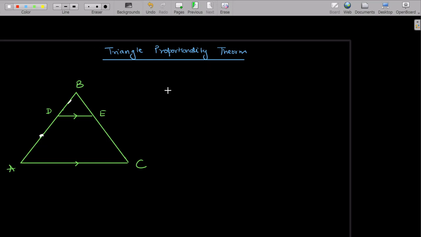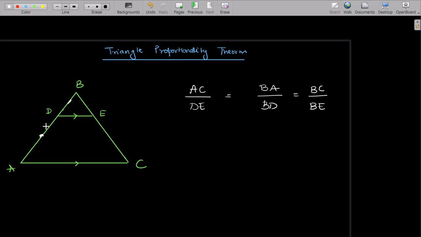The first ratio, the longer side and the shorter side: AC over DE is equal to BA over BD, which is equal to BC over BE. That's the first ratio.